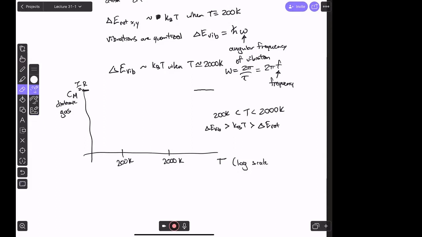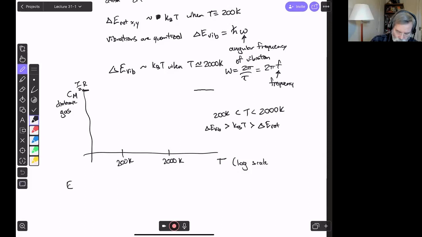So I'm just going to rewrite the energy for a single molecule.